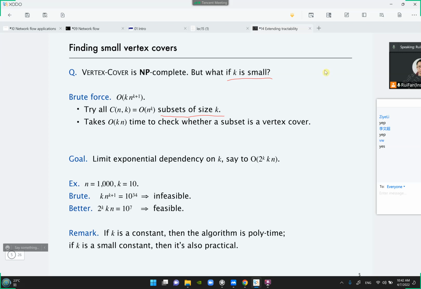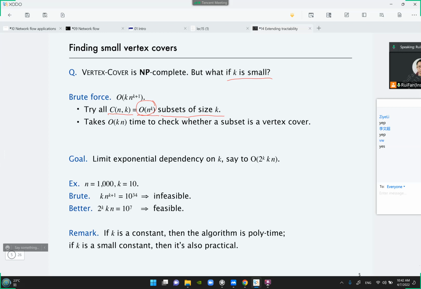The number of subsets is n choose k, where n is the number of nodes and k is the number of vertices I'm going to use to cover all the edges. That is on the order of n to the kth power. So there are this many subsets I need to consider.